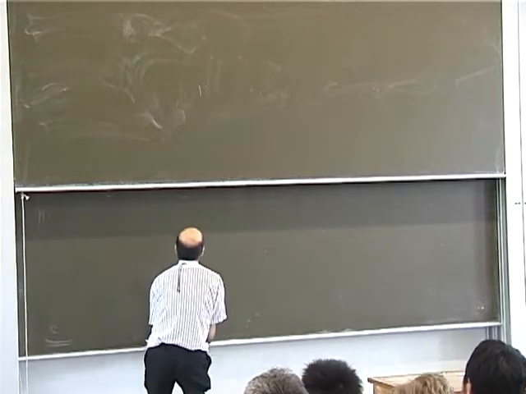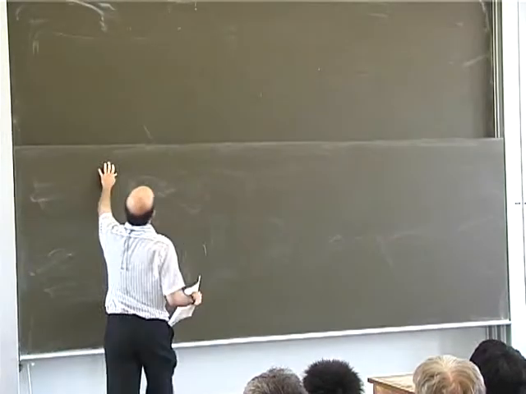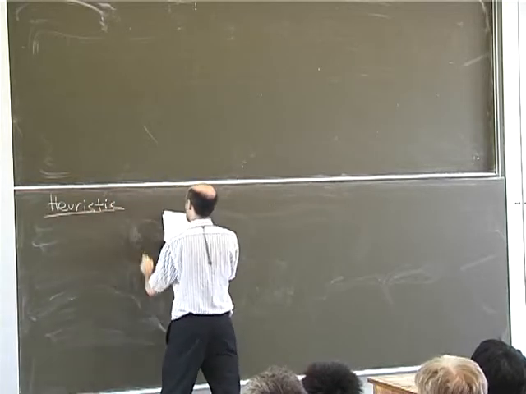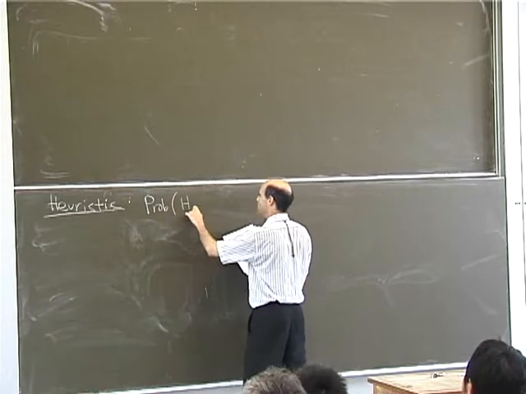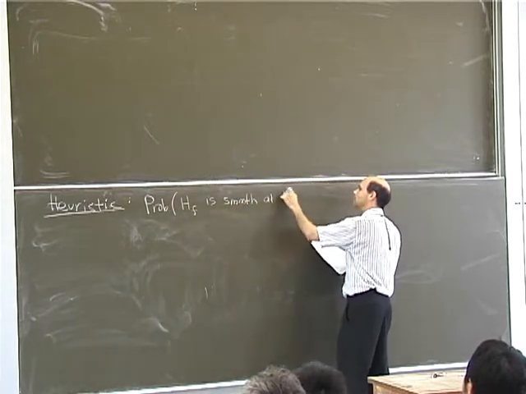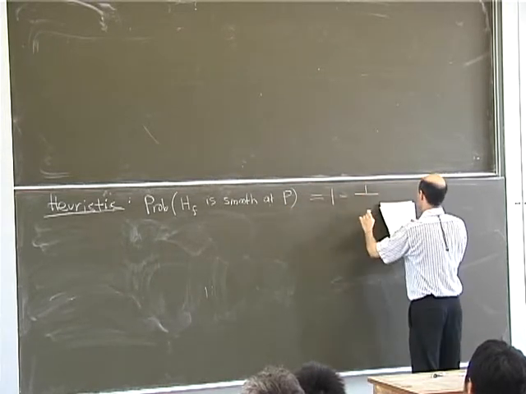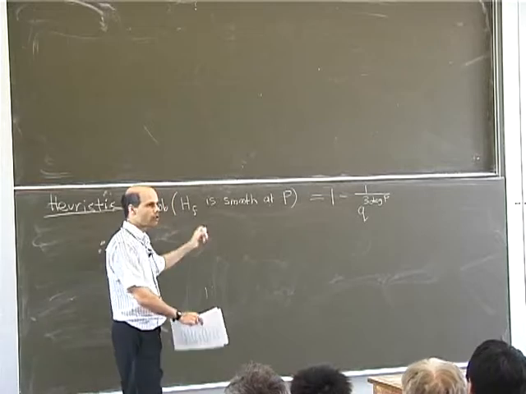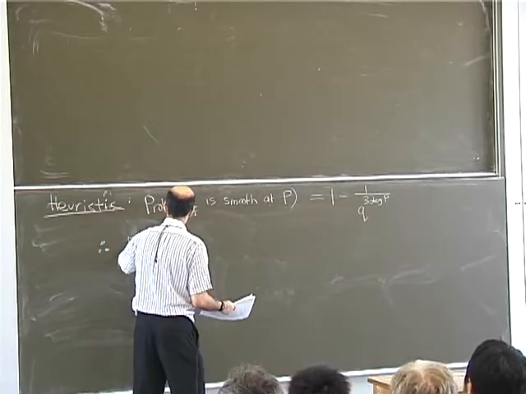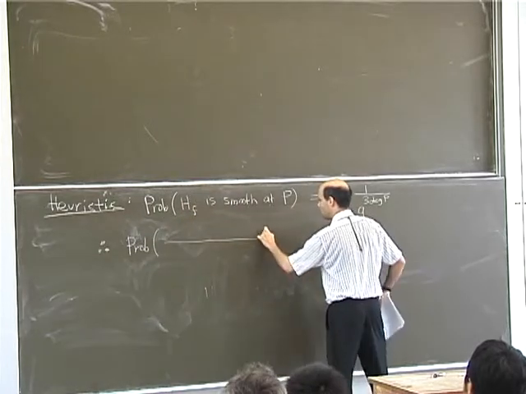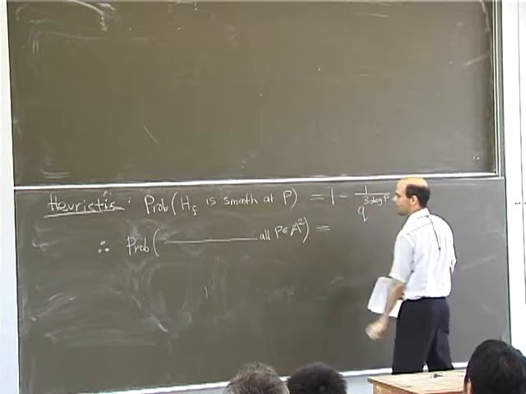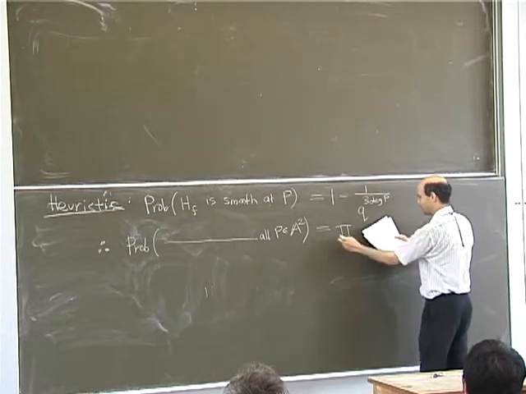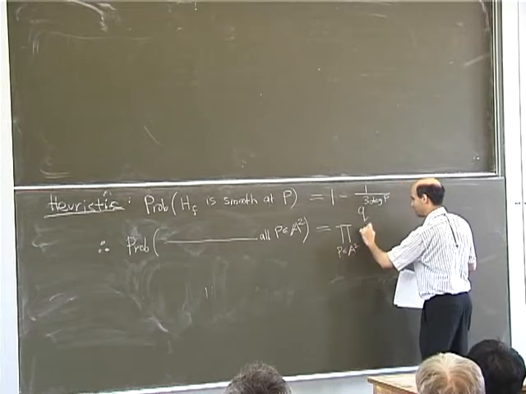So the heuristic is that the probability that it's smooth at that one point P should be 1 minus 1 over q raised to the 3 degree of P. And now if you want to impose this condition at all closed points, then if they're independent, the probability that H is smooth at all P in A2 should be, this is still heuristic, so I can say whatever I want, the product over all closed points of this.